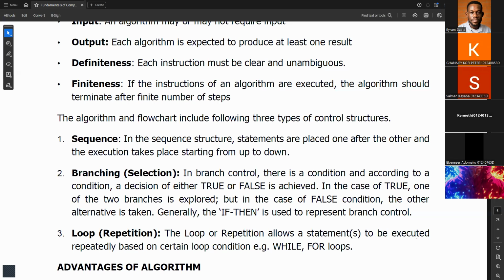So that condition is given. If we take the marks, let's say Felix Ofori had 70% in exams, we are going to check that 70% by the condition. Is that 70% greater than the pass mark, which is 50?